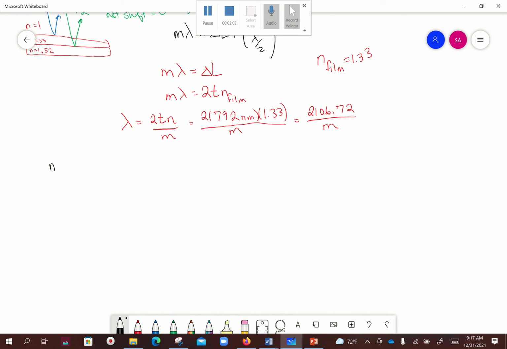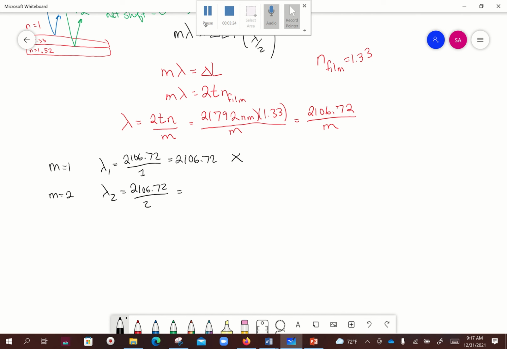So let's start off with m equals 1. Lambda 1 is 2106.72 divided by 1, so that's 2106.72. All right, so that's not in the right wavelength range. M equals 2.